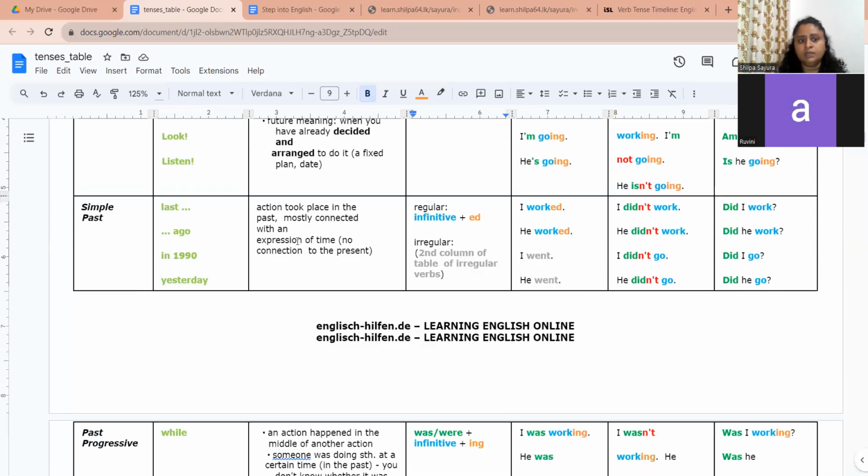And when it comes to past simple, I worked. Past tense, ed is there. And when you make the negation, it's not I don't work or I didn't worked, that's wrong. It's I didn't work, because the past tense of do is did. So you have already made the helping verb, the auxiliary, past.